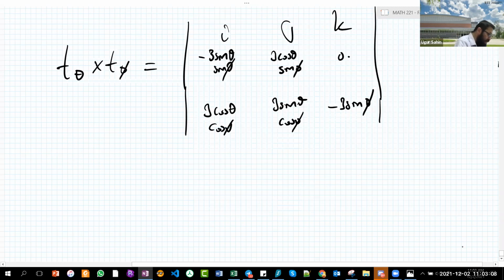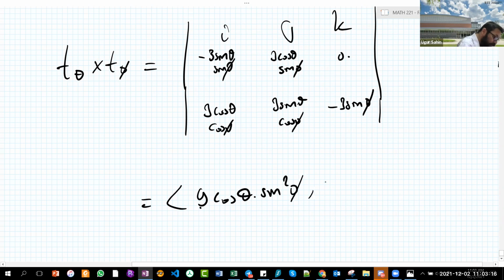If you calculate the cross product, it is going to be equal to 9 cosine theta sine squared phi, 9 sine theta sine squared phi, 9 sine phi cosine phi.